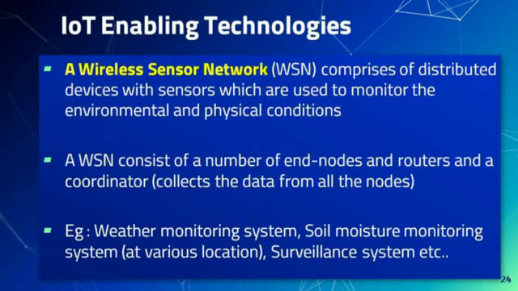Next is wireless sensor network. In short form we call it WSN. It comprises distributed devices with sensors which are used to monitor environmental and physical conditions. That is, this wireless sensor network is in charge of checking all the environmental or physical conditions.